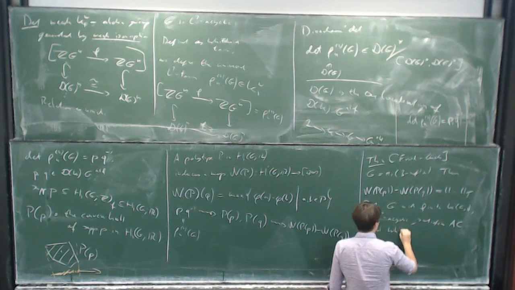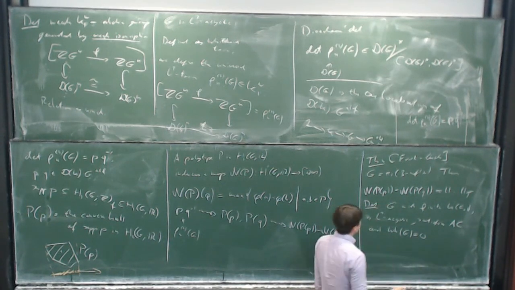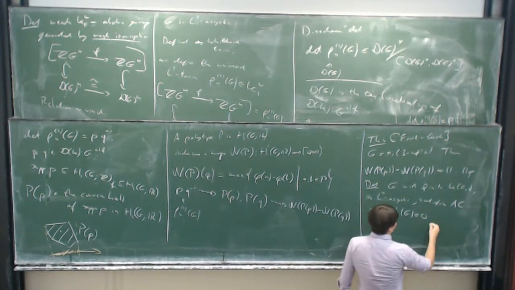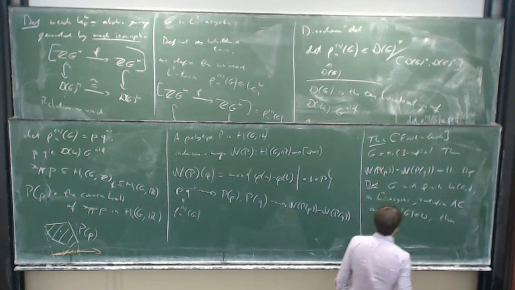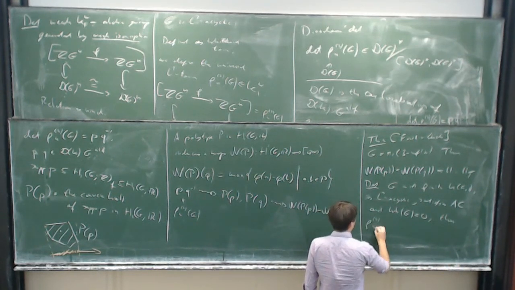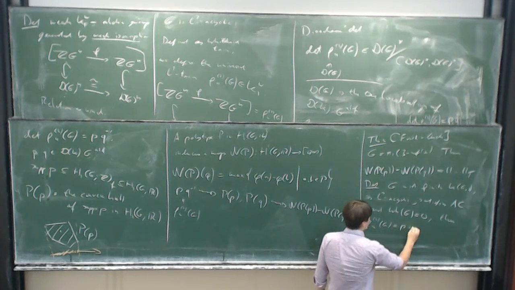You need the Whitehead group, the classical Whitehead group, to be 0 for reasons which I brushed under the carpet. But if that's satisfied, then you also have this universal L2-torsion, which you can also write as P Q inverse.